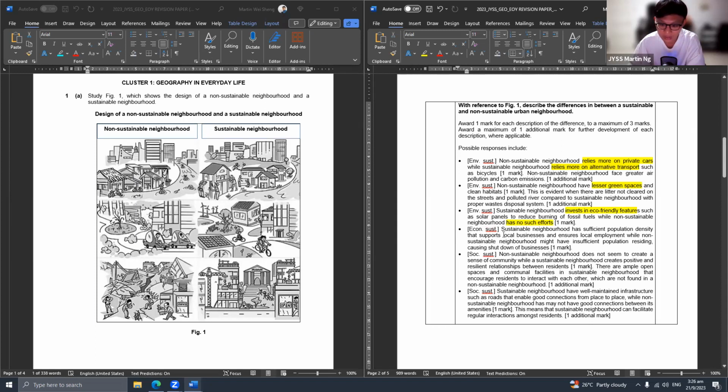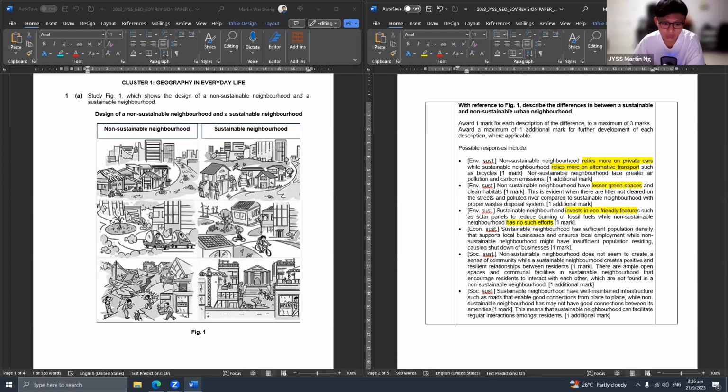Then the next thing I want to point out to you guys is that if you look over here, the first 4 points are all on environmental sustainability. Then the next point is on economic sustainability. And finally, we have 2 other points on social sustainability.